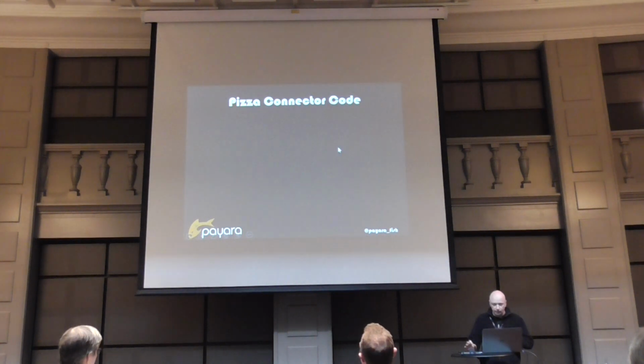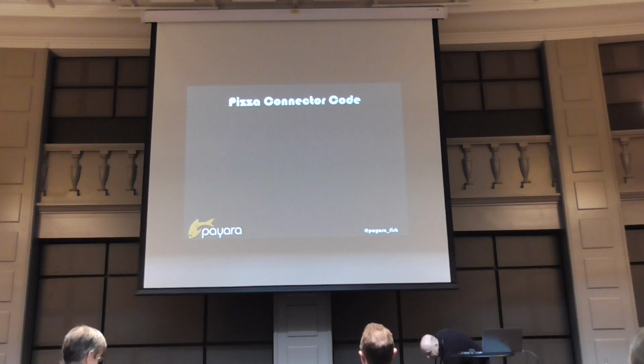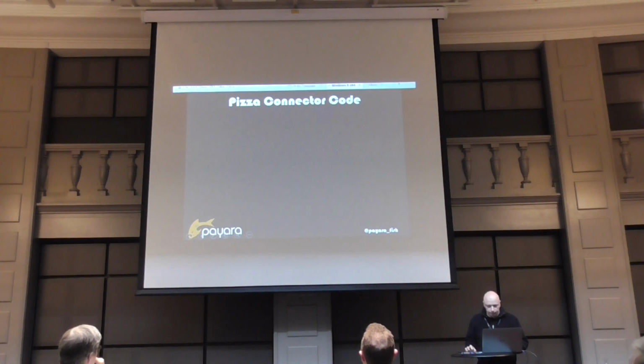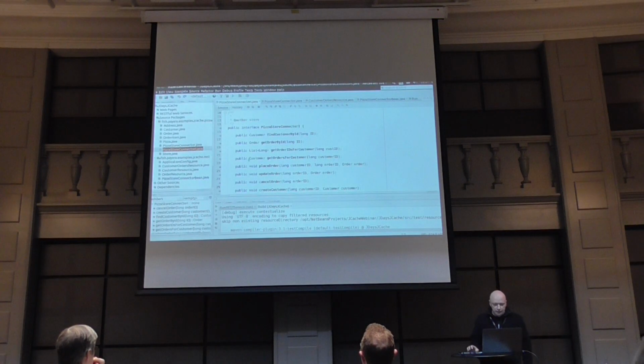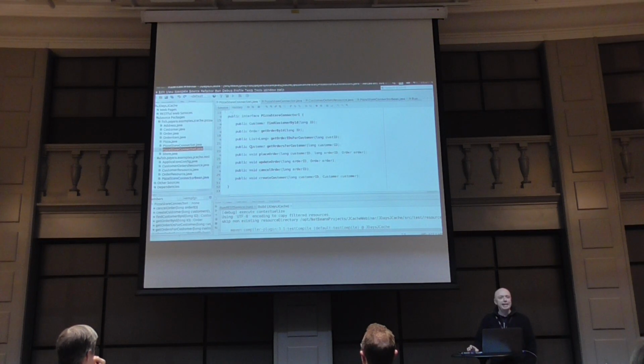So, what we're going to do is quickly look at the code for that, just to understand the challenge. So here's our connector interface. Obviously not fully done, it's something I knocked up.